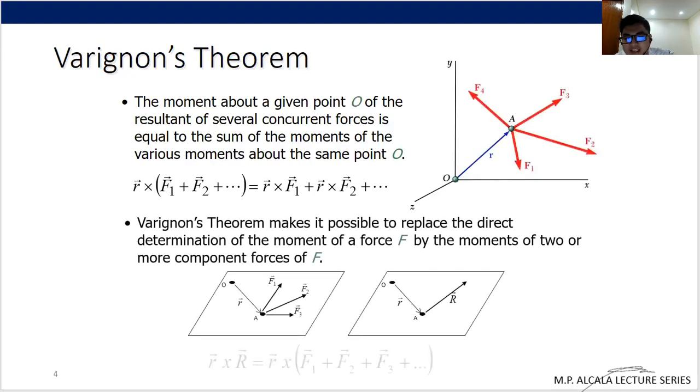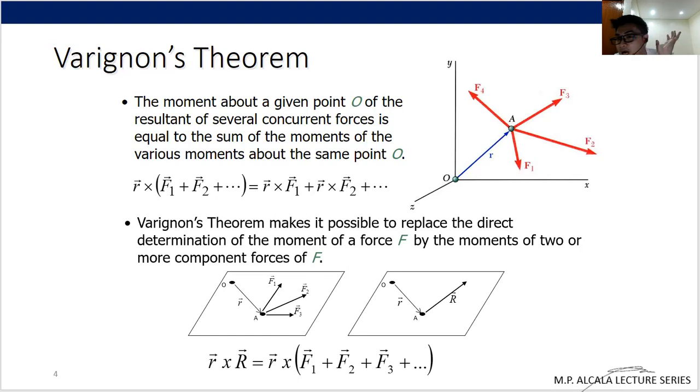We have already stated this theorem in the previous lectures: you can simply summarize everything. The moment about point O of all the forces F1, F2, F3, and F4 can be summarized. The moment due to F1 is simply R cross F1, added to R cross F2, added to R cross F3.